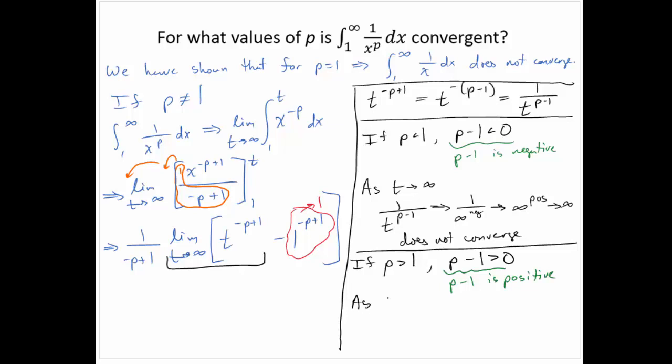And as t approaches infinity, 1 over t to the p minus 1 would approach 1 over infinity to a positive number, which would approach 1 over infinity, which is 0. And that's a convergence.